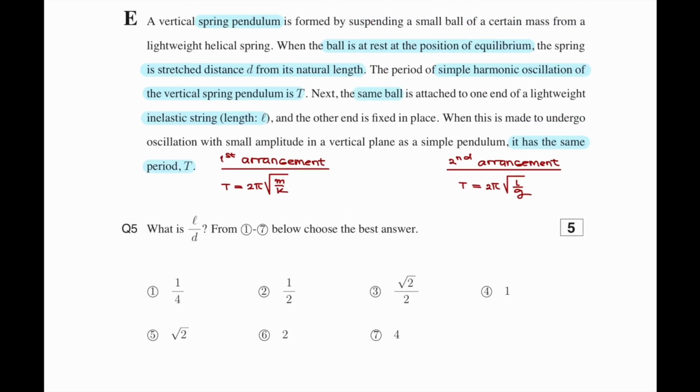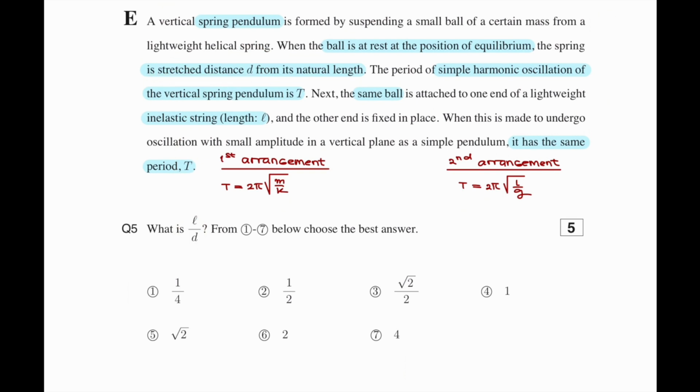If I want to find L over d, of course, I need to know where can I find d from this equation. d is the stretch distance of the spring.